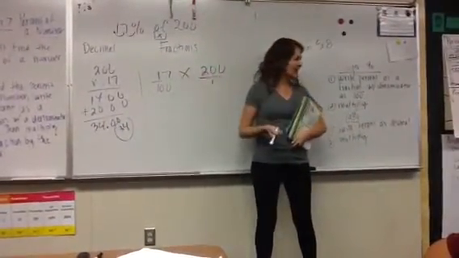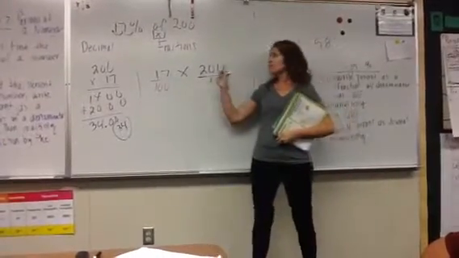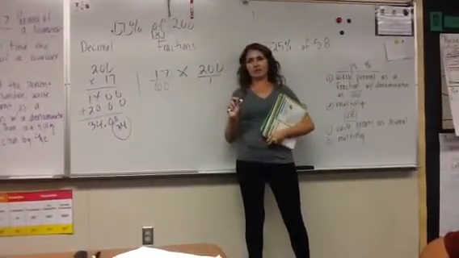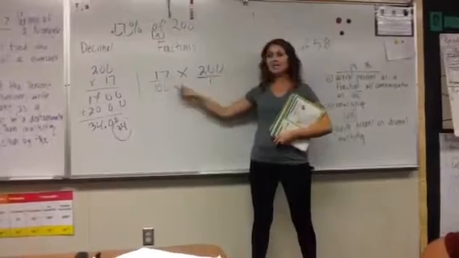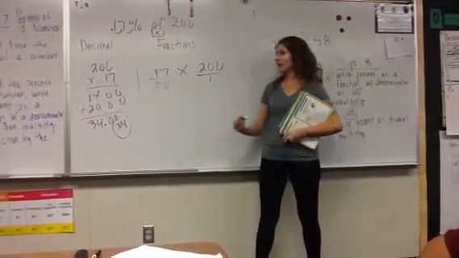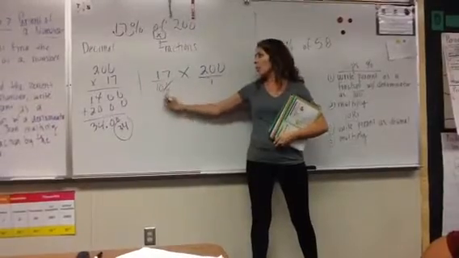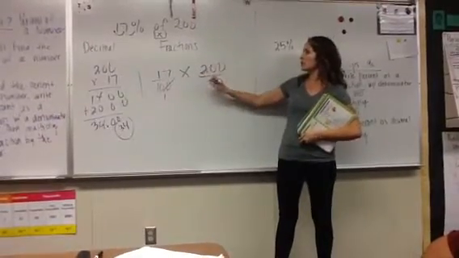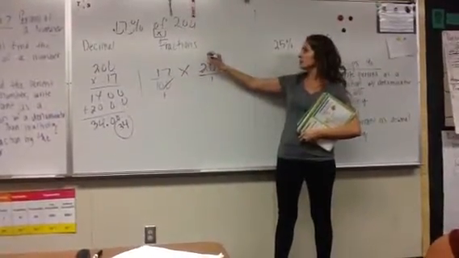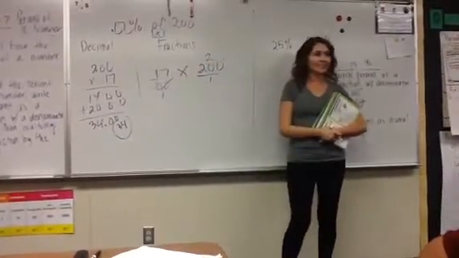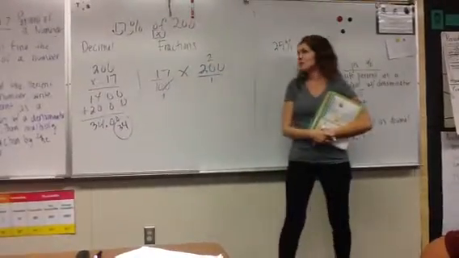If you say, I don't know what cross-cancel is, it's like simplifying with the GCF, but diagonal. I can use 100 because 100 goes into 100 1 time, and 100 goes into 200 2 times. And then it's just straightforward multiplication.